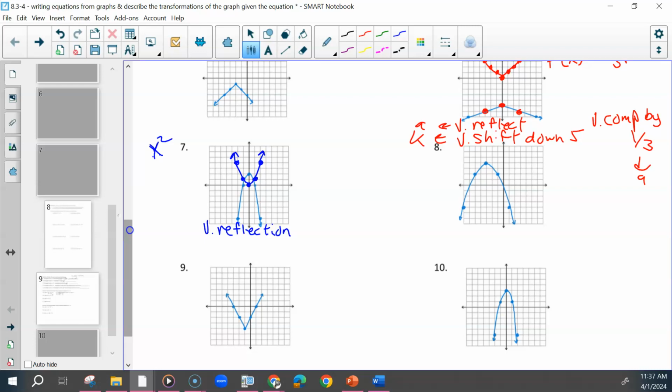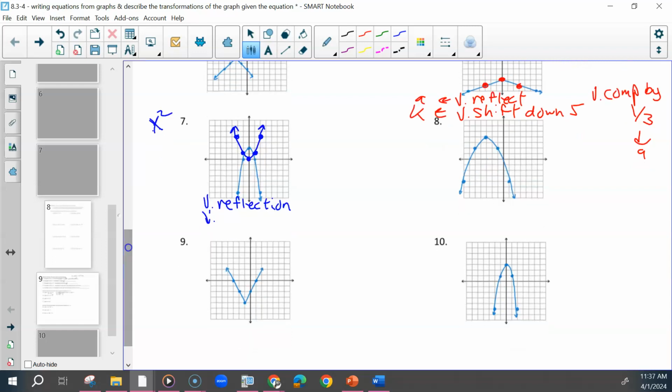Is the vertex at the same spot? And up 2. So that's your vertical shift, up 2. And then look at the distance between, on the original, the vertex to the next point, and the one that's drawn, from the vertex to the next point.